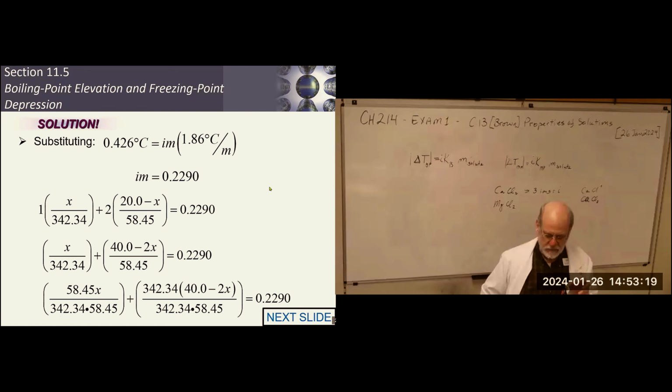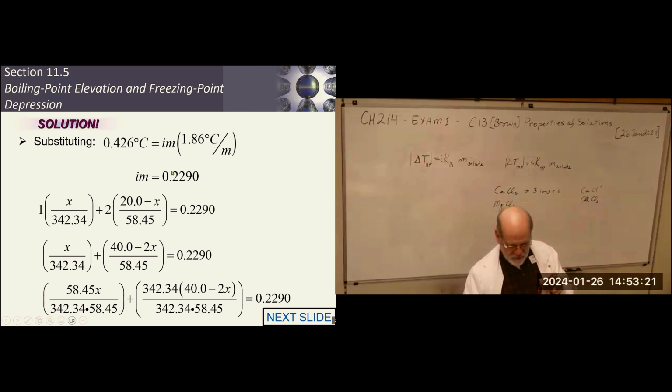Now here's the trick. When we go from this expression to this expression, we're saying this 0.2290 is a combination of the van 't Hoff factor of 1 times the molality of the sucrose part of the solution, and 2 times the sodium chloride part of the solution. So that's where we get this equation. Then we solve for X.